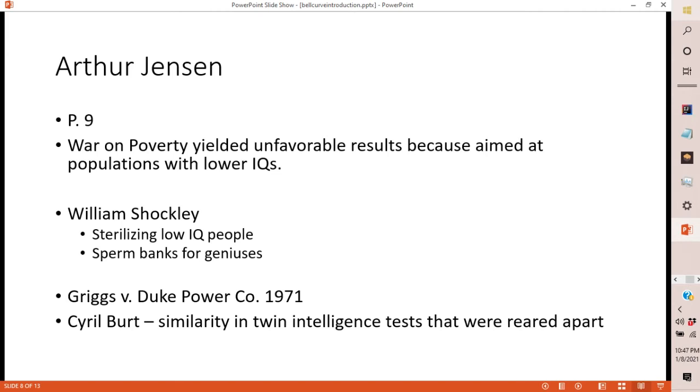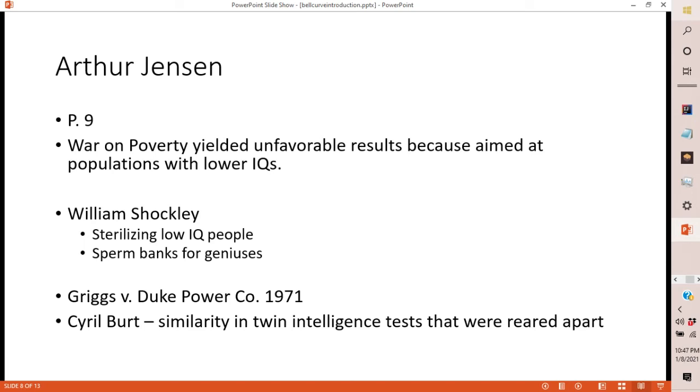Now in the 60s, they're swinging the other way with the shift in culture, civil rights, etc. You have this Supreme Court case, Griggs versus Duke Power Company. In 1971, the U.S. Supreme Court outlawed the use of standardized ability tests by employers unless they had a manifest relationship to the specific job in question.